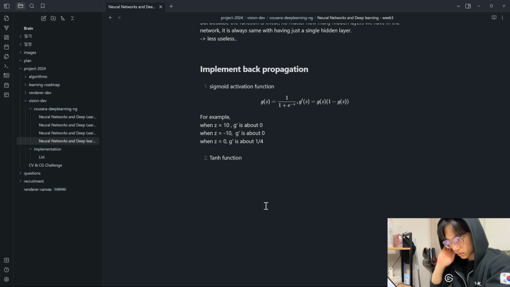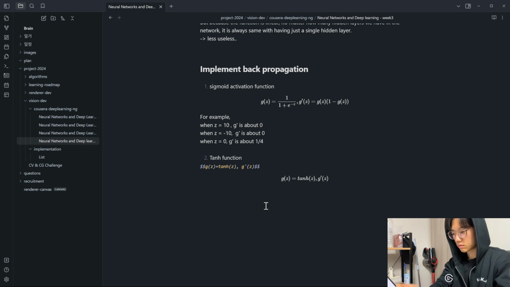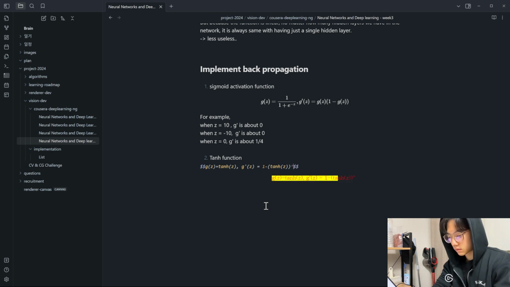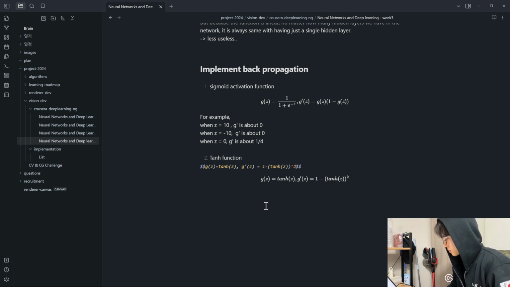And using the shorthand we had previously, we call this g prime of z again.